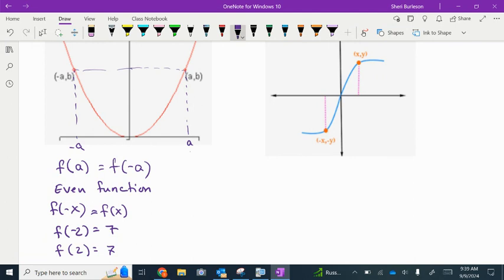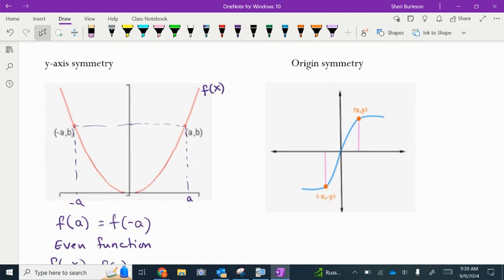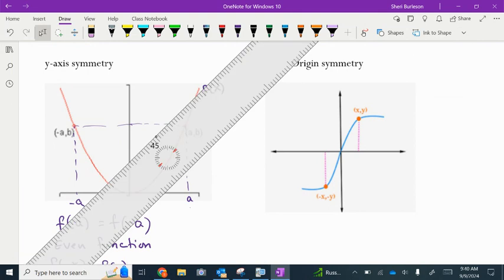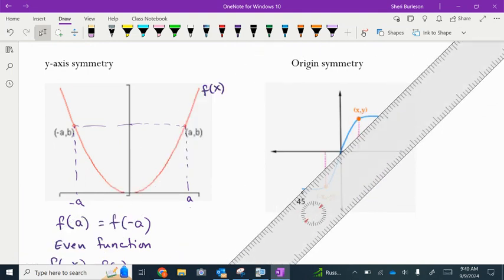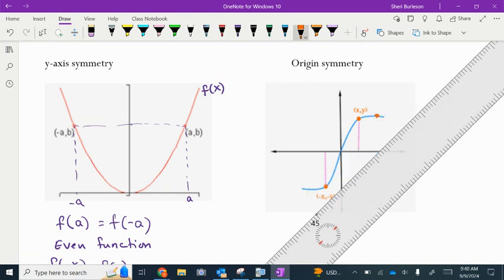You with me? Okay. This function has origin symmetry. This one is a little harder to see. But what origin symmetry says is that, I'm going to use a different point to show this than the ones they show. But this, oops, let me do this point on the graph.